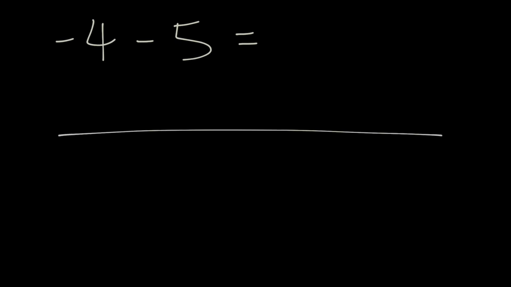Now what if you have a negative number minus another number? In this example, -4 minus 5. Now to visualize this on a number line, we're starting at -4, we know we need to go 5 spaces to the left.